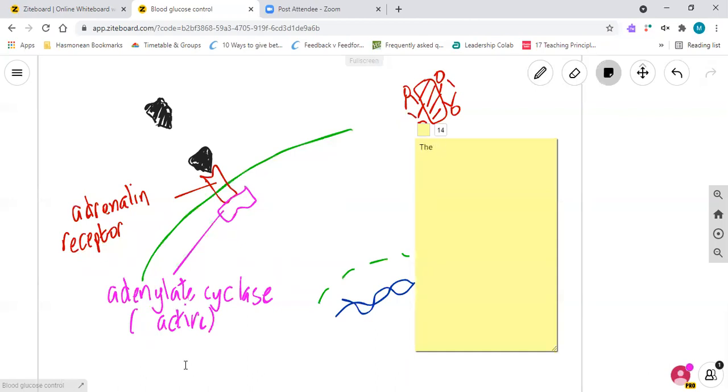The adrenaline binds to its complementary adrenaline receptor.